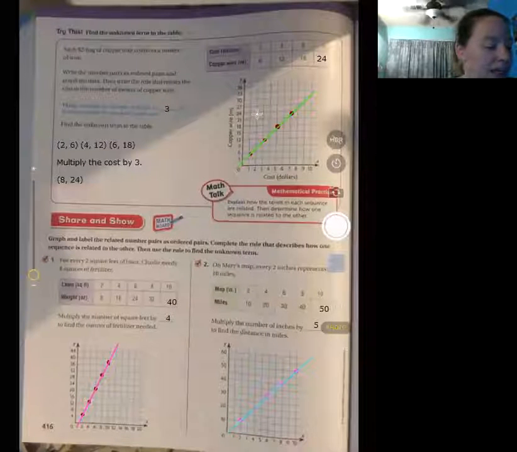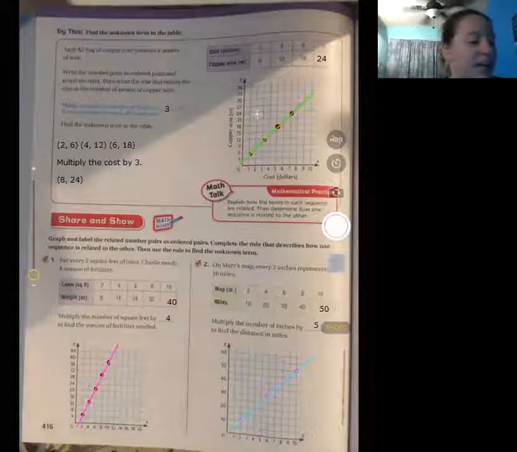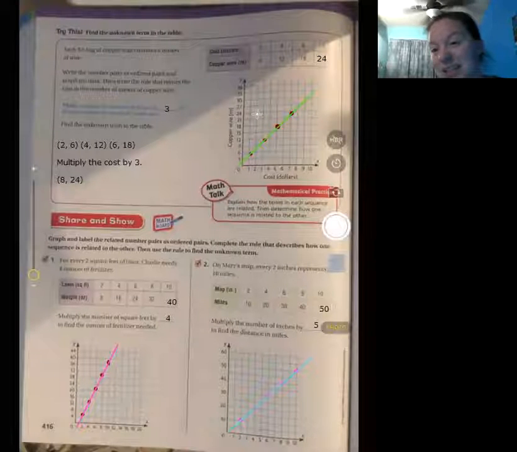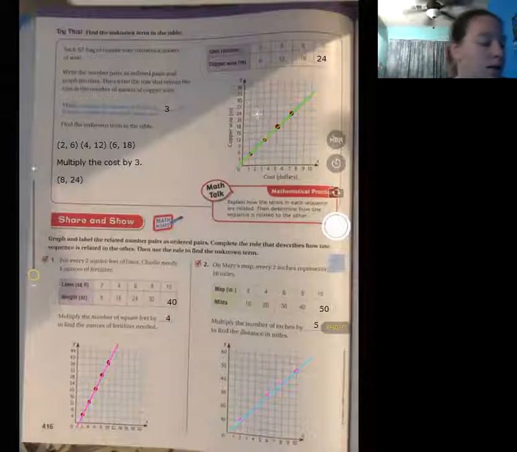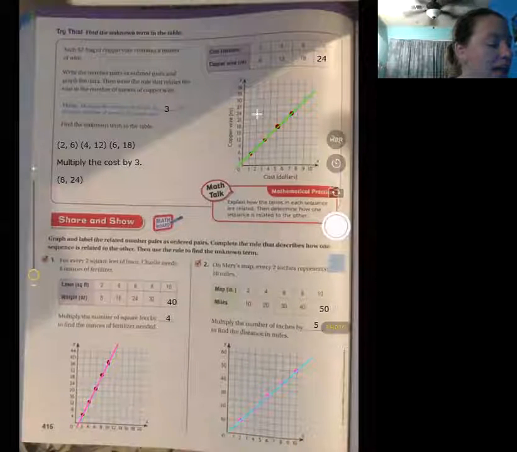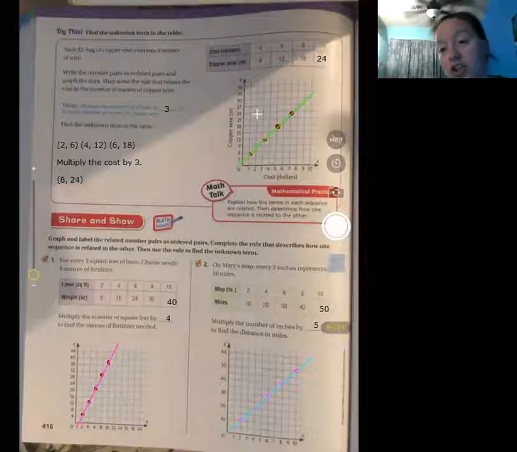So your graph is going to be with this grid over in that blank space. You're going to have to decide how many to have each of them be. I would suggest doing it by twos, because that's what it seems to want. And then you have to ask yourself, well, what did they do to the 2 to make it a 4?